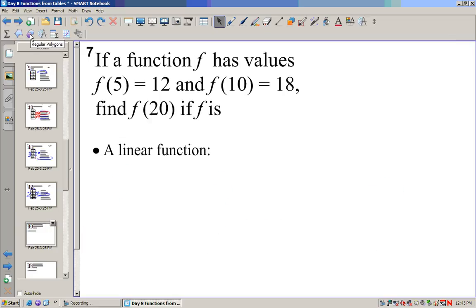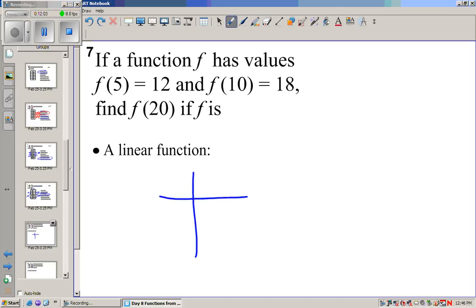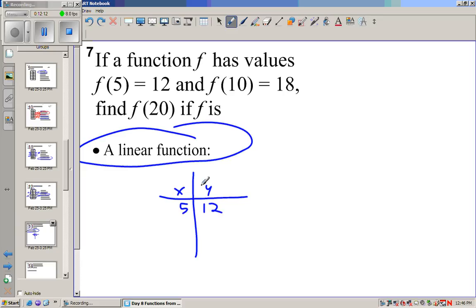All right. Now we're going to do a new situation. If a function f has the values f of 5 is equal to 12 and f of 10 is equal to 18, let's find f of 20. Well, we know it says that it's linear. So if my x value is 5, my y value is 12. If my x value is 10, my y value is 18. If it's a linear function, that means this will be an add-add situation.